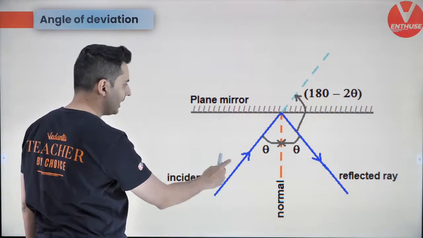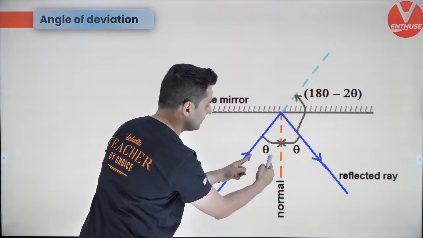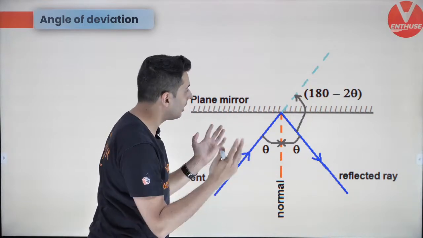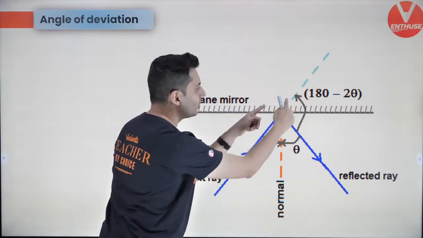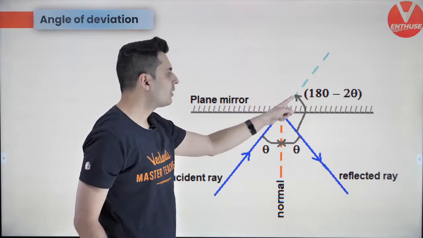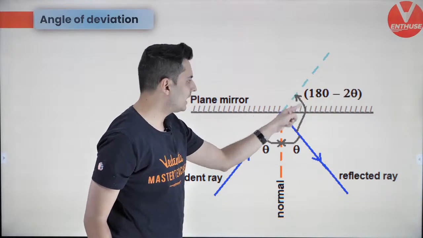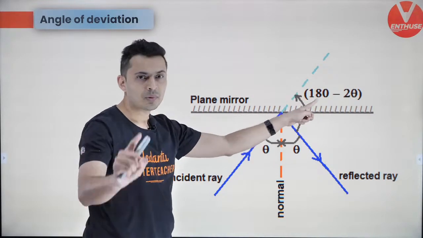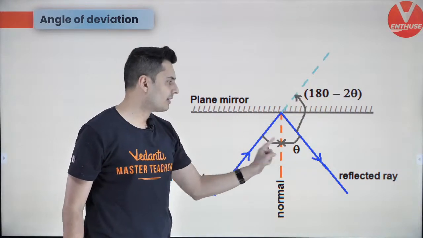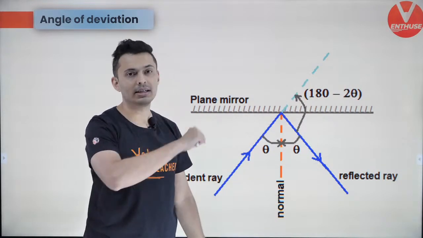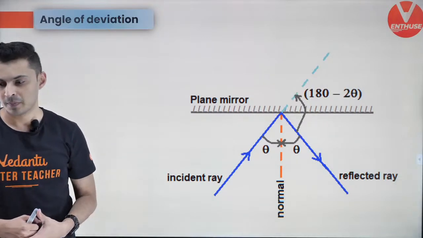Remember that. Since the angle of incidence and the angle of reflection are exactly equal, this angle must be 180 minus 2 theta. So the angle of deviation from a mirror is 180 minus 2 theta. That is what you should note down.